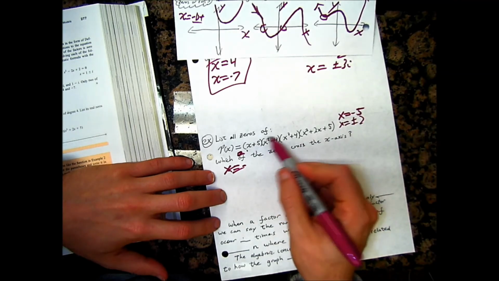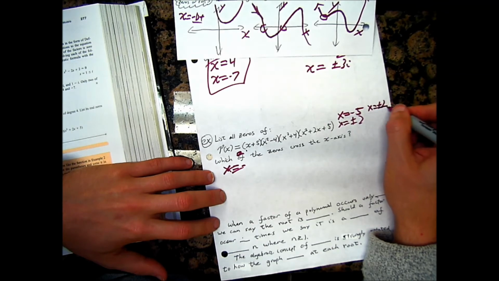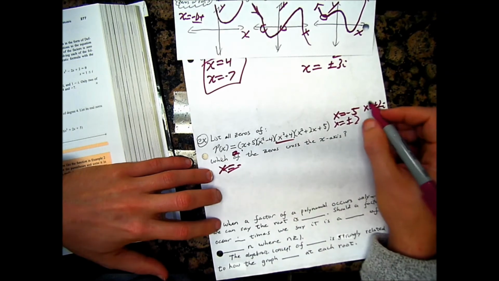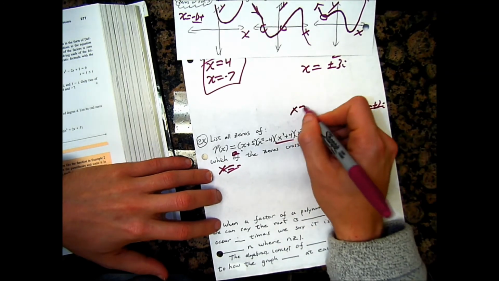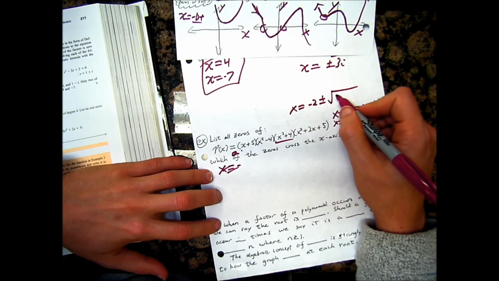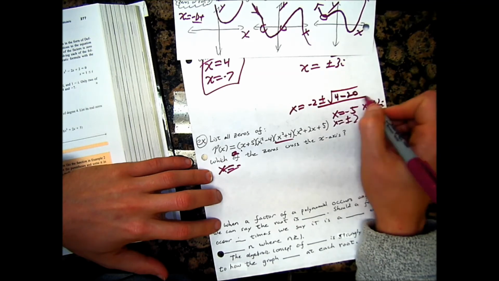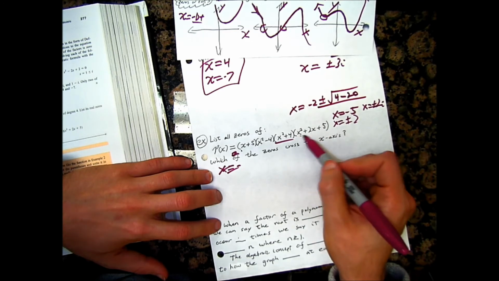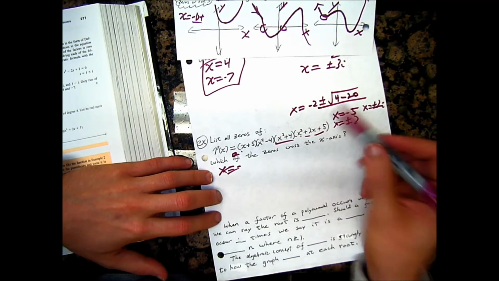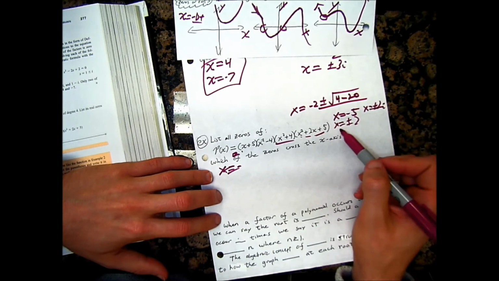You've got to get used to this: x equals plus or minus 2i, that's what this one is, and then x equals -2 plus or minus the square root of 4 minus 20. I'm just using the quadratic formula on this piece because it's a quadratic, but I can tell right here, because this is going to be negative, this is an imaginary root.